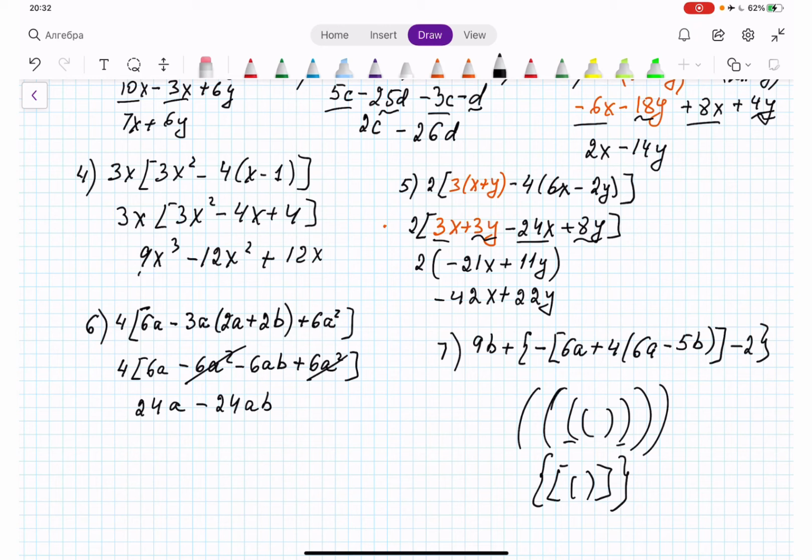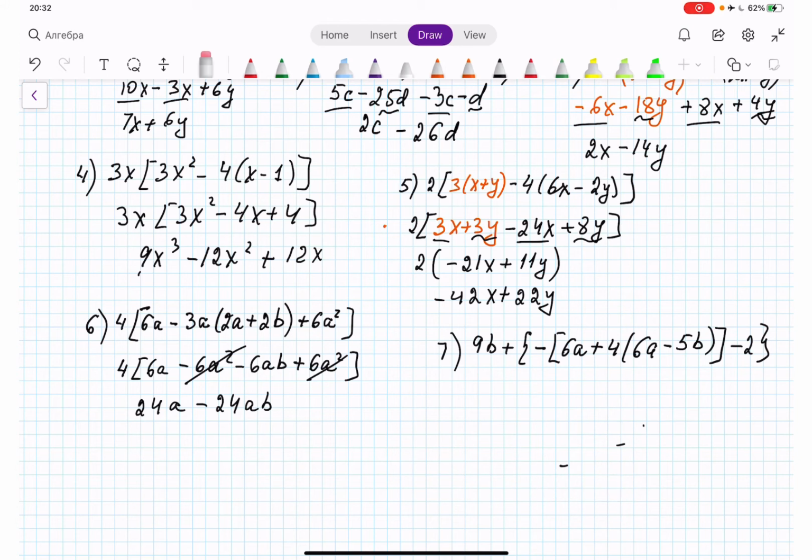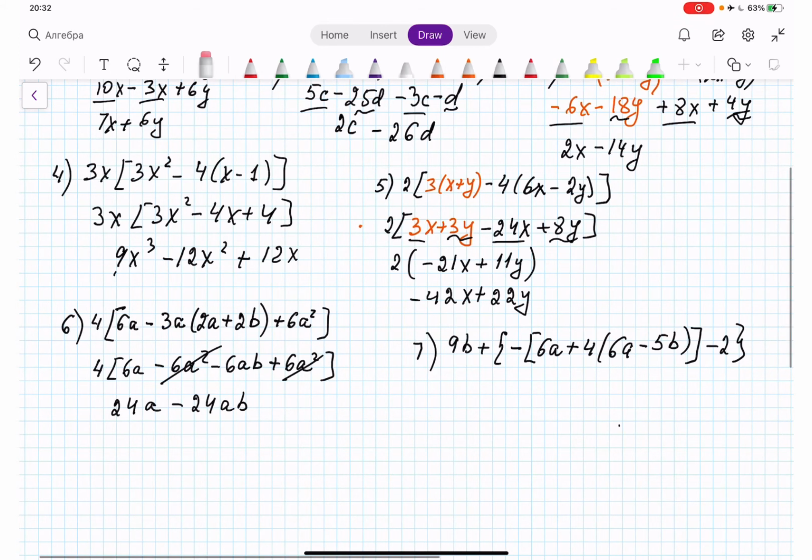Let's say if I want to find the closing of this one, I have to count and might miscount one parenthesis. So that's what it is. The smallest one we use parentheses, and if we need one more, square brackets. If we need one more, curly braces. There is nothing higher. Otherwise, no difference. If you want to put parentheses everywhere, be my guest, but then it's easier to get confused.